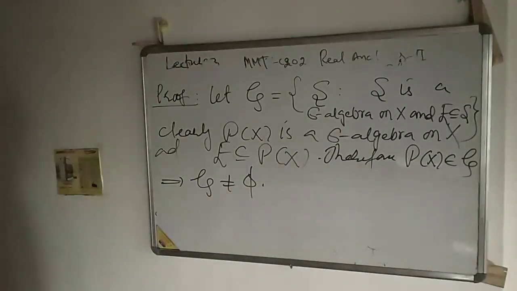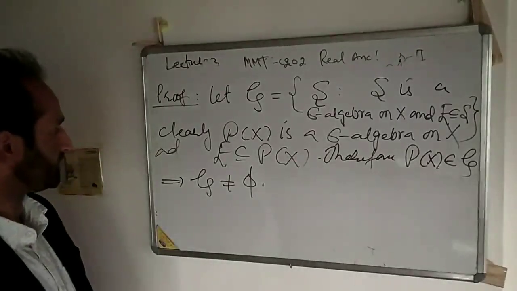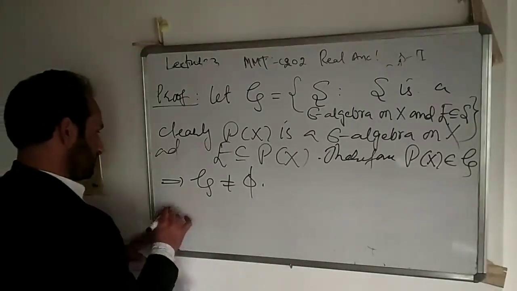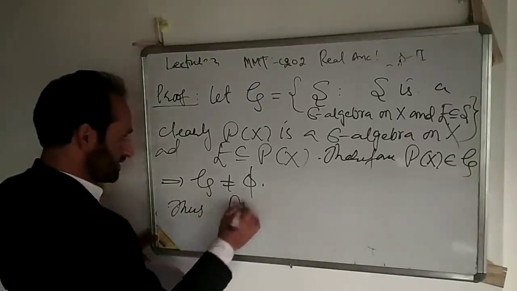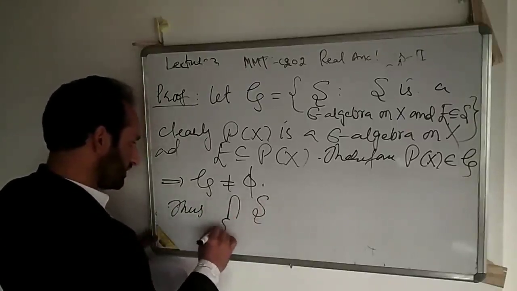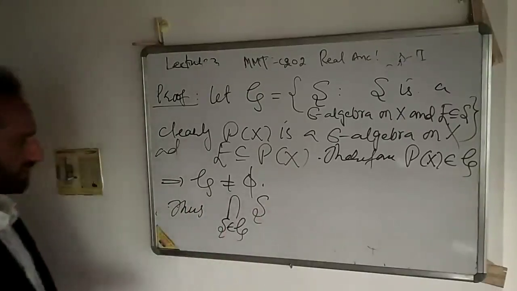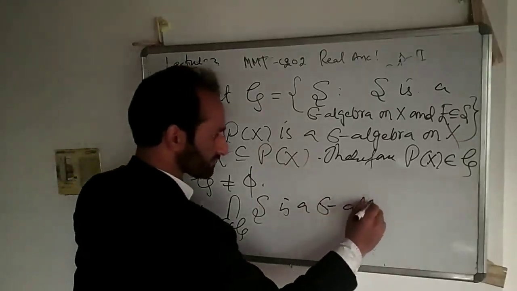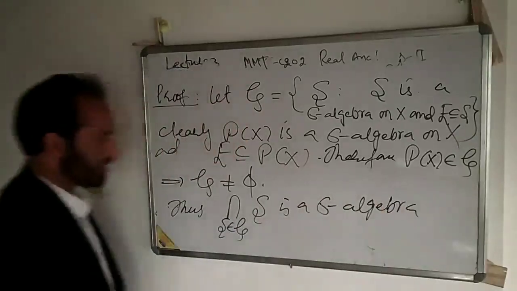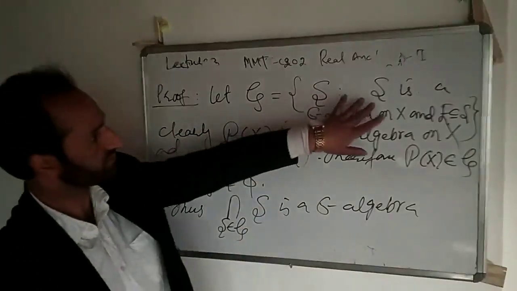Now, by the previous theorem, we know that the intersection of sigma algebras is again a sigma algebra. That's the intersection of all members of C. They are all sigma algebras, and the intersection of sigma algebras is again a sigma algebra, and each such sigma algebra contains F by definition.